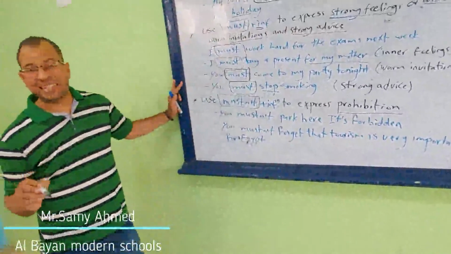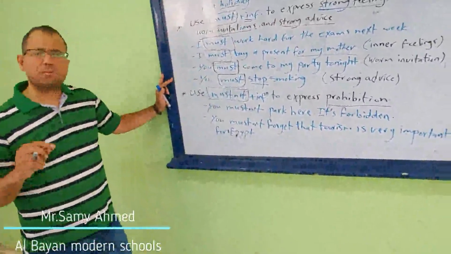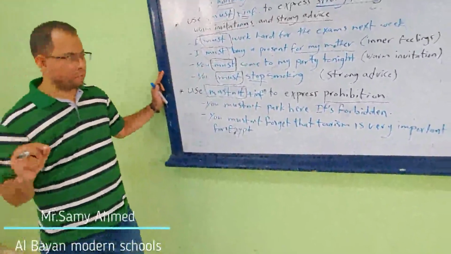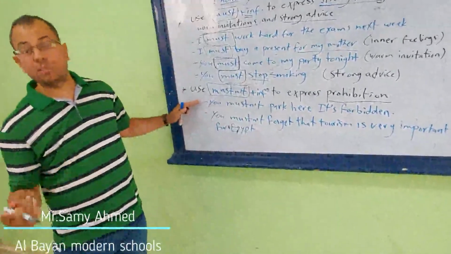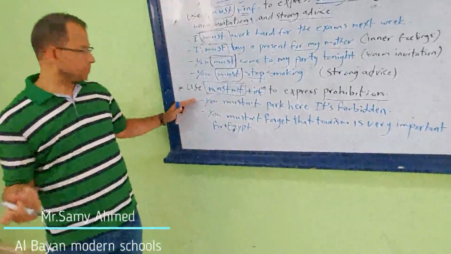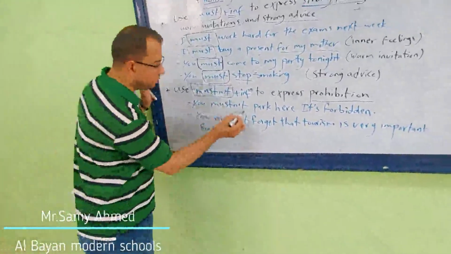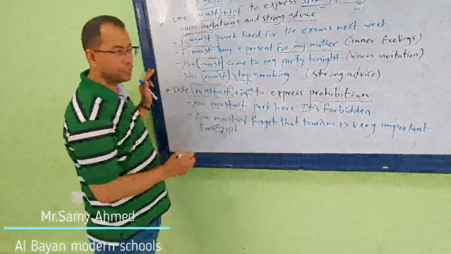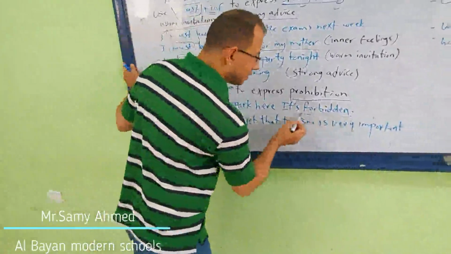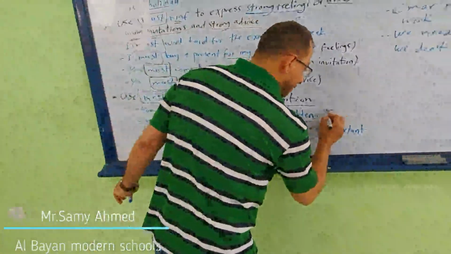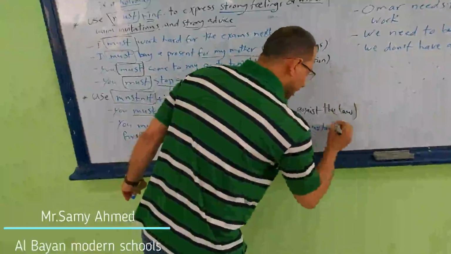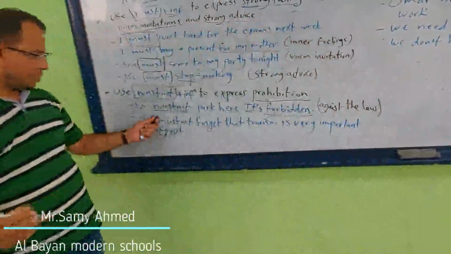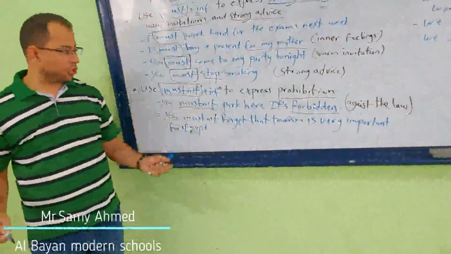Prohibition is the thing which we mustn't do. If we do the thing, we are going to be punished because this is forbidden. This is not allowed. For example, you mustn't park here. It's forbidden, against the law. So, this is forbidden. It's not allowed to park here.